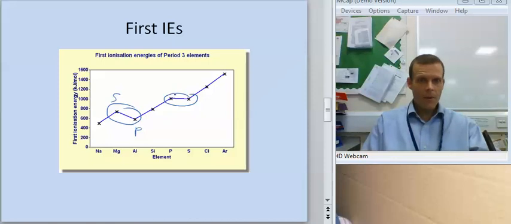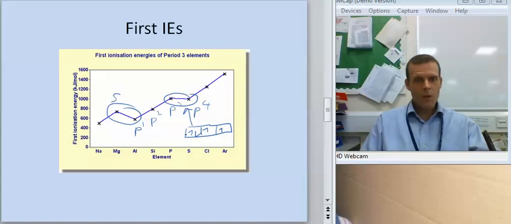And then here, if we think of Hund's rule, this is p1, that's p2, that's p3, that's p4. We remember that in our electrons in boxes, the electrons exist singly before they start pairing. And it's here that we start getting them pairing up, two electrons in the same orbital, a tiny bit more repulsion because they're both negatively charged, and as a result there's a very slight drop there.